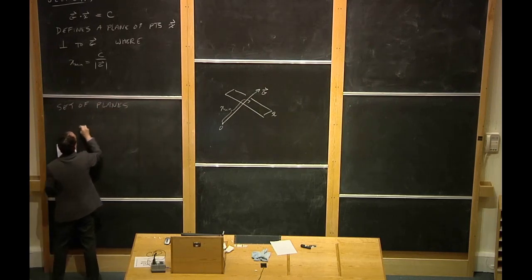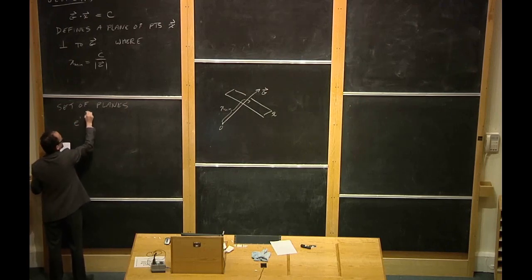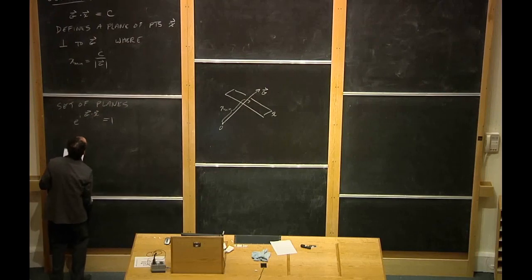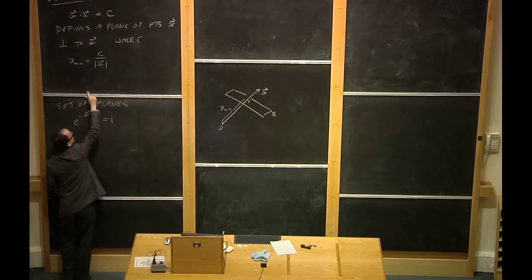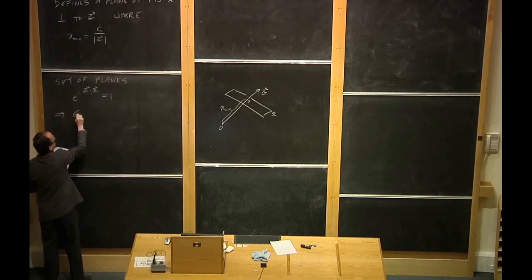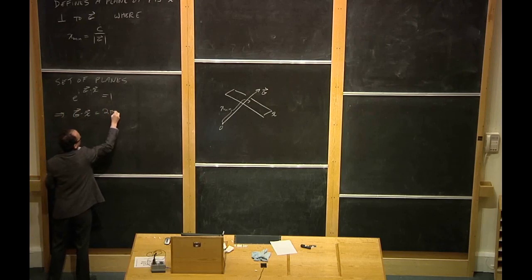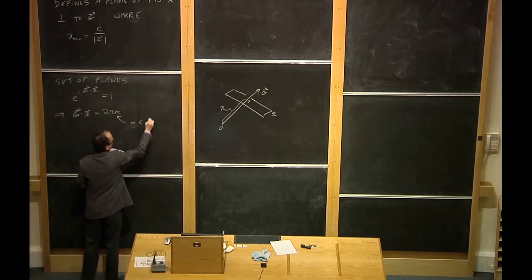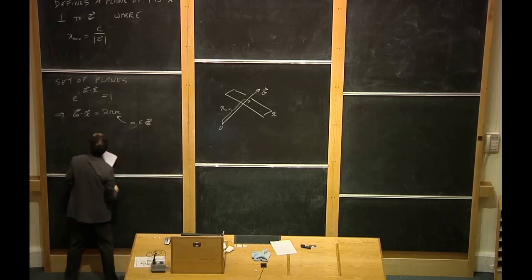We define by e to the i g dot x equals 1. So why does that define a set of planes? Well, e to the i g dot x equals 1 is the same thing as saying g dot x equals 2 pi m, where m is an element of the integers.